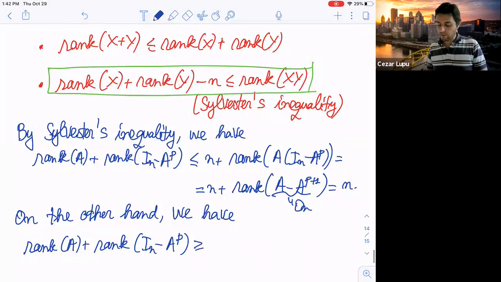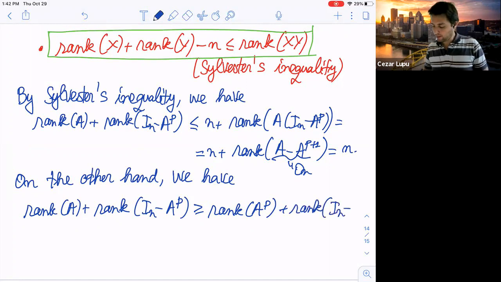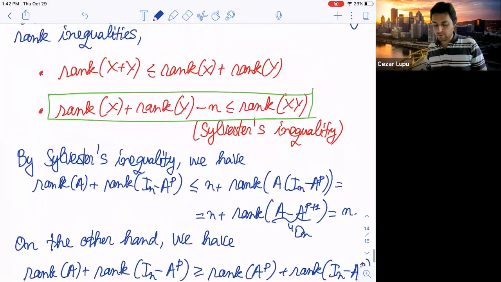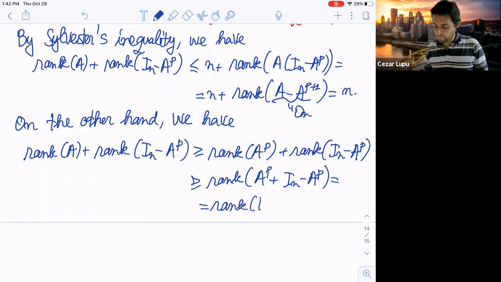This will be greater or equal than rank of A to the power P plus the rank of the identity minus A to the power P. But now, by applying the first inequality, this will be greater or equal than rank of A to the power P plus the identity minus A to the power P. And this will be equal to rank of the identity, which is N.